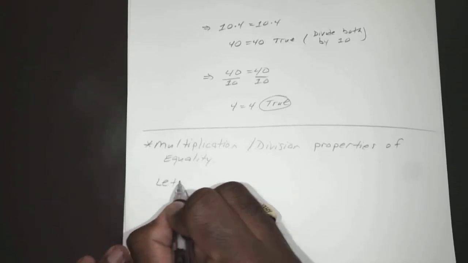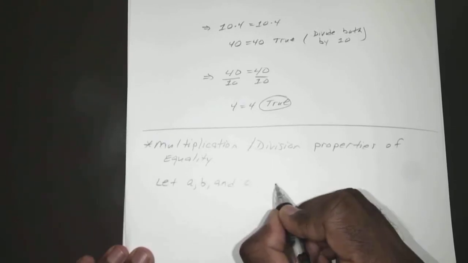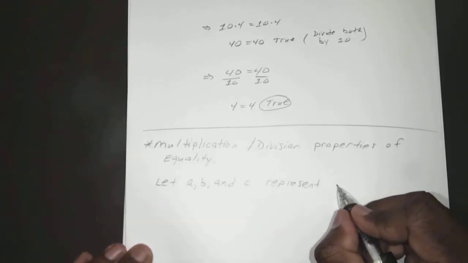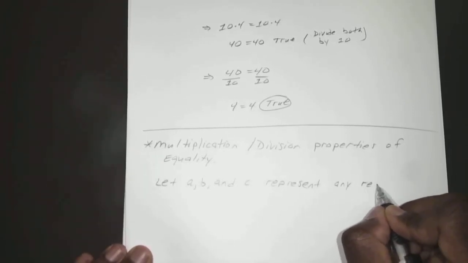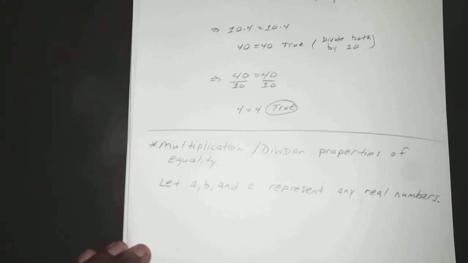Again, we'll just let any number A, B, and C represent any real number. It could be 3, 4, 5, 7, 8, 9, decimals, fractions, any real number at all.